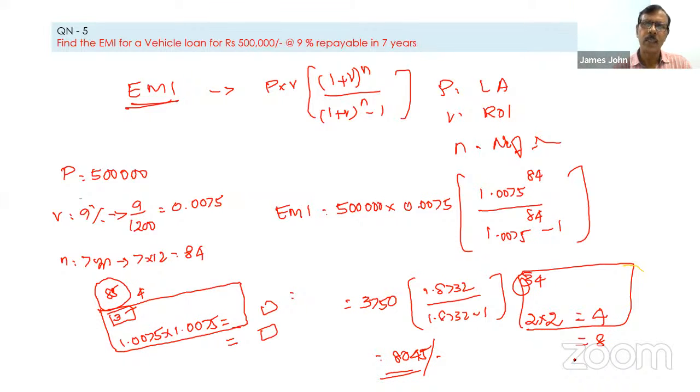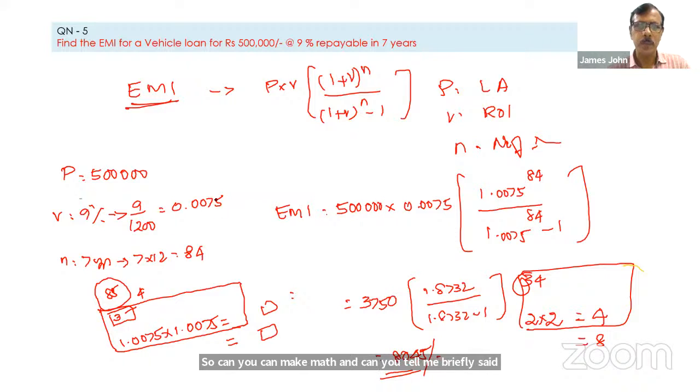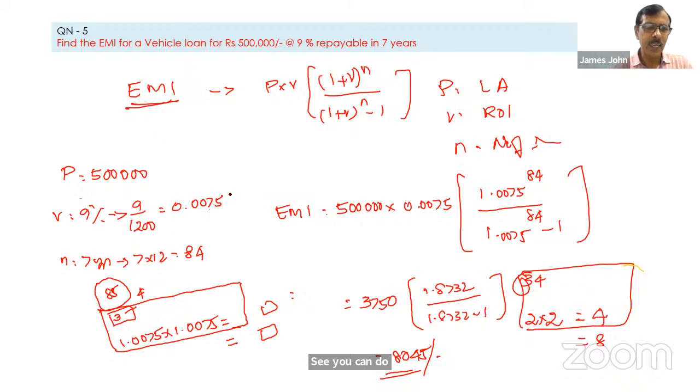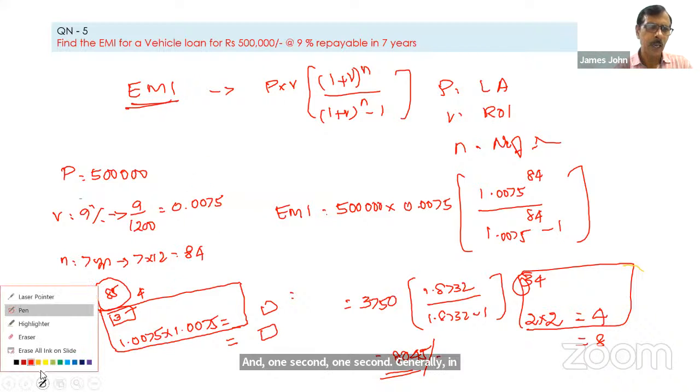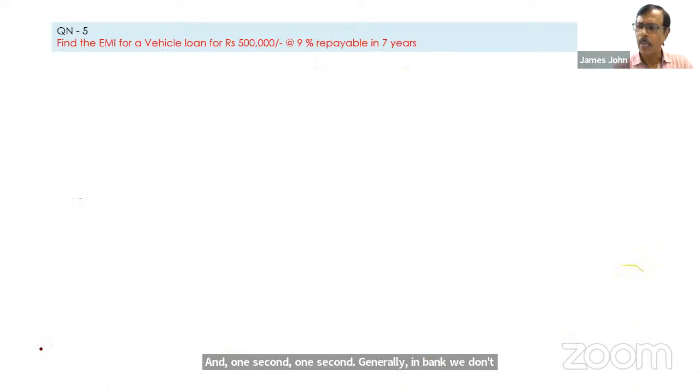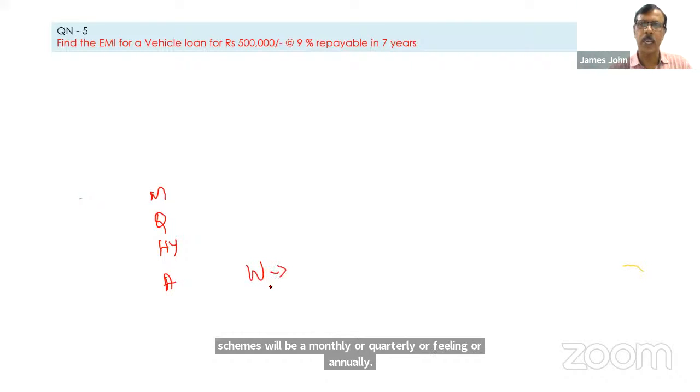Generally, in banks, we don't have weekly payments. All our schemes will be either monthly or quarterly or half yearly or annually. Suppose you wanted specifically the weekly payment.